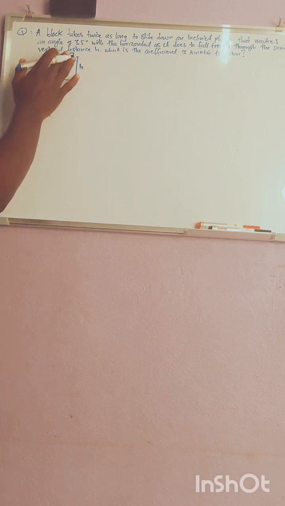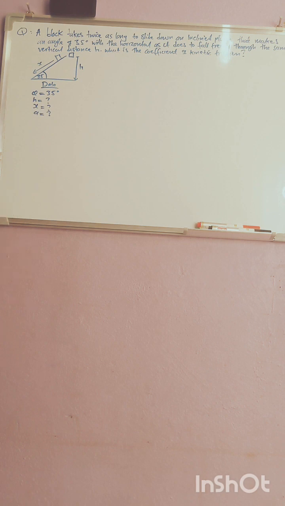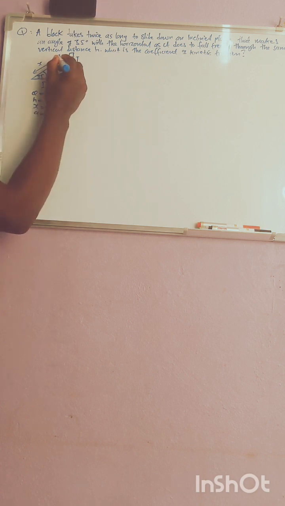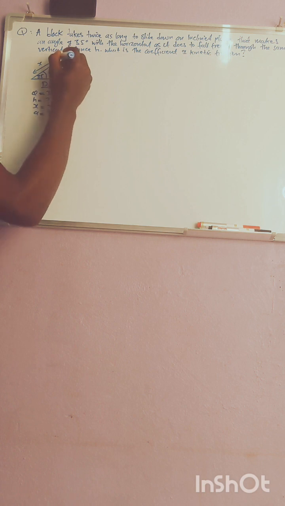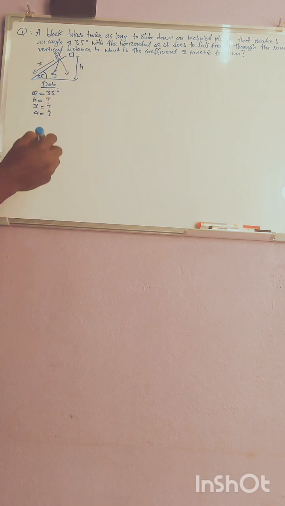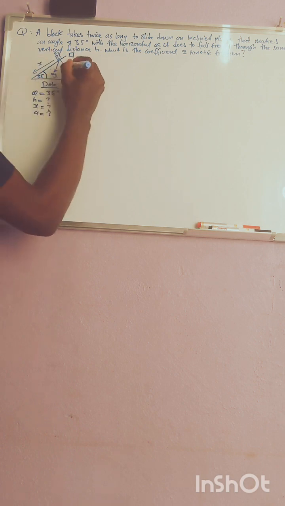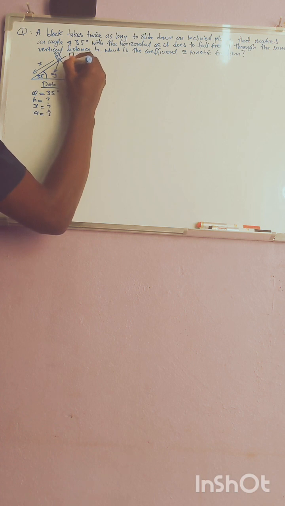We are supposed to resolve the forces acting on the inclined plane. So how do we resolve the forces acting on the inclined plane? We know that we have the weight, which is mg. We have the normal force. We have the y component of the weight, which is mg cos theta.